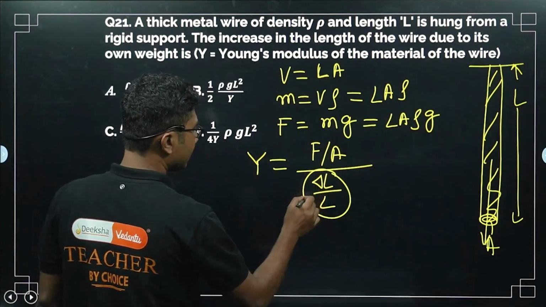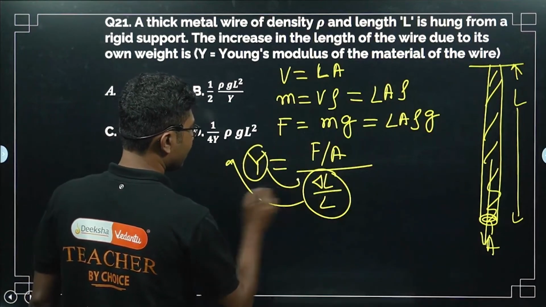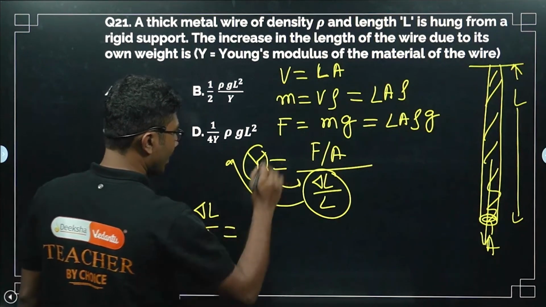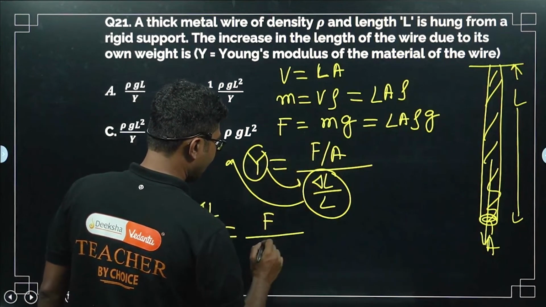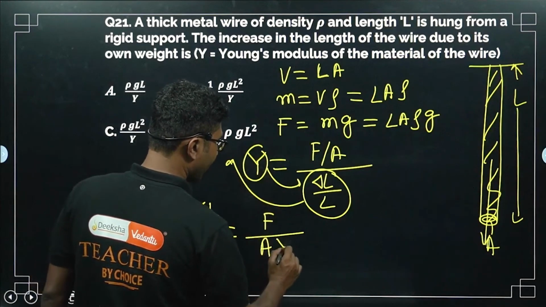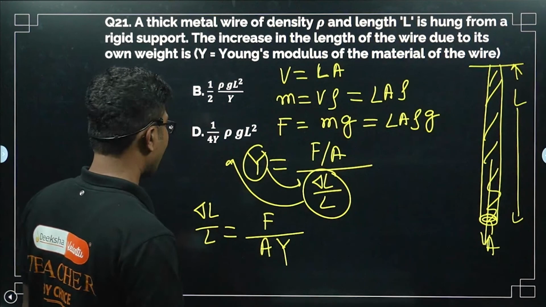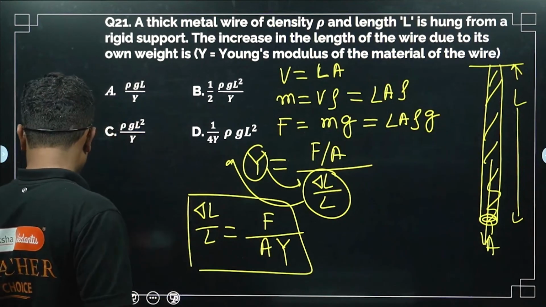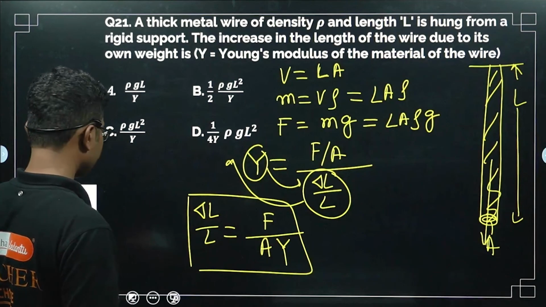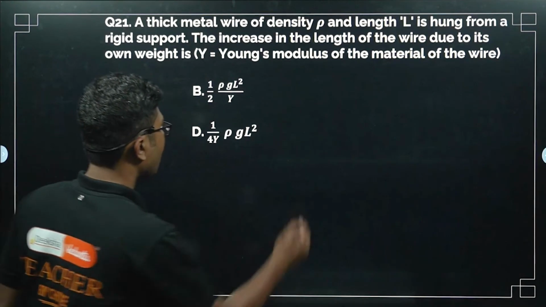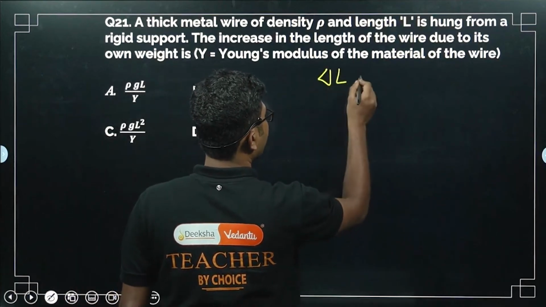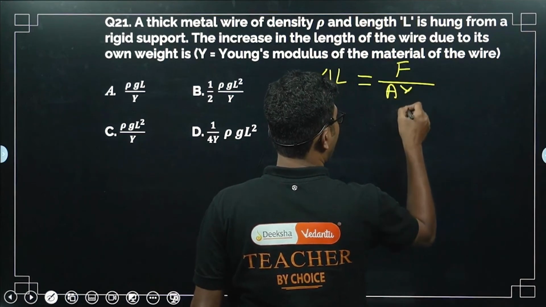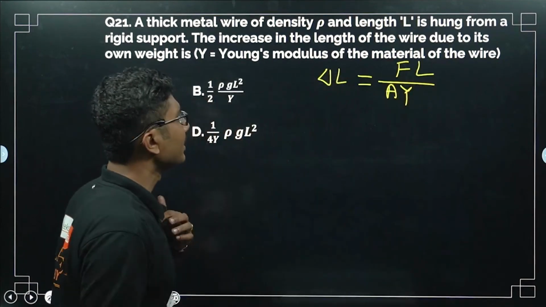Now you take this on this side and this as division, then you will get delta L by L equals F by A divided by Y. Or from this simplification, you can write delta L equals F by A times L by Y, as one extra L comes from this L.